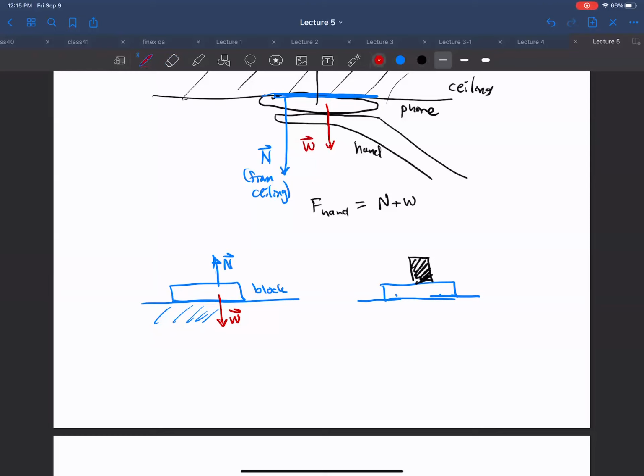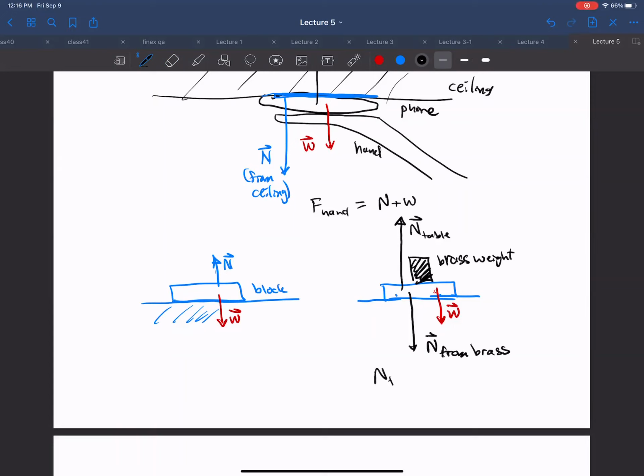As we just talked about, now there is the weight force. There is a normal force from the brass. So this is the brass weight. Normal force from the brass acting downward. And then there is this now larger normal force from the table acting upward.